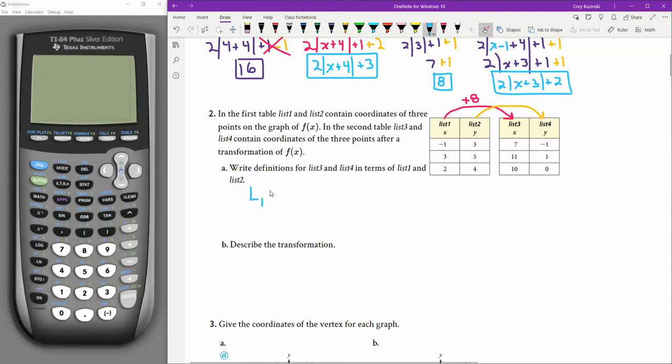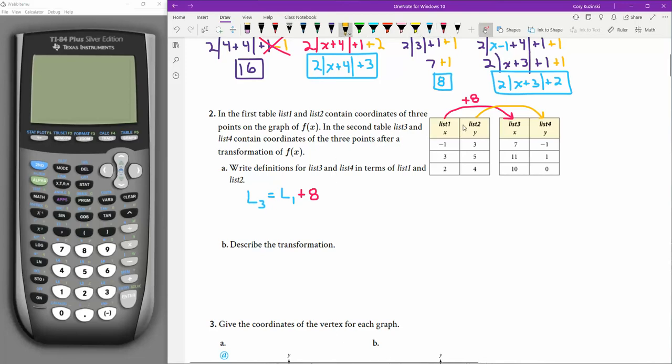List 1, I'm just going to abbreviate, list 1 is whatever list 3 is. No, check that. Let's go list 3 is whatever list 1 is plus 8. There we go. So that's how you can get list 3 every time.